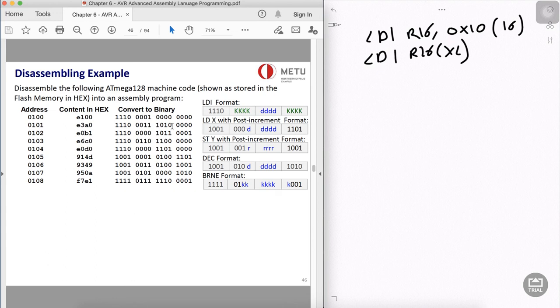So you cannot do this in instructions, by the way, with the parentheses. Either you use XL or you use 26. So let's write that as XL, and it's going to be 0x30 as the value.